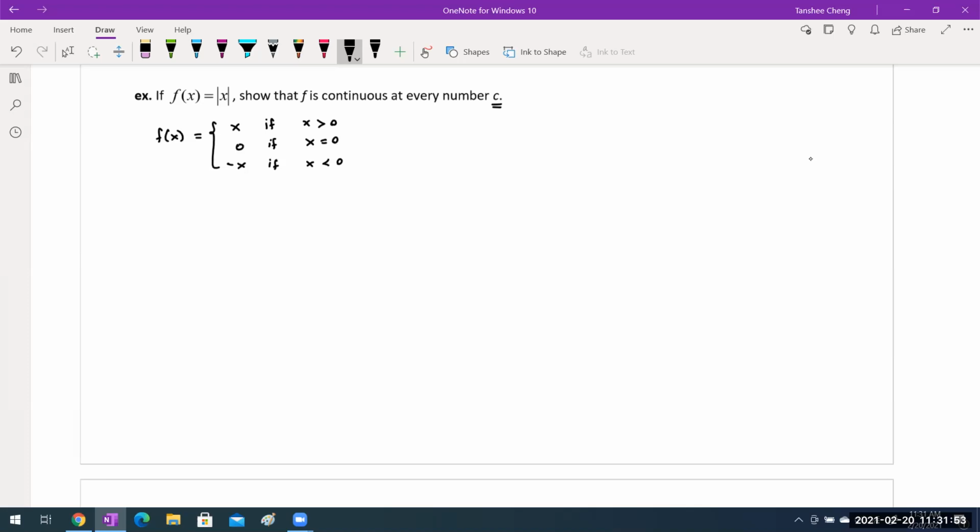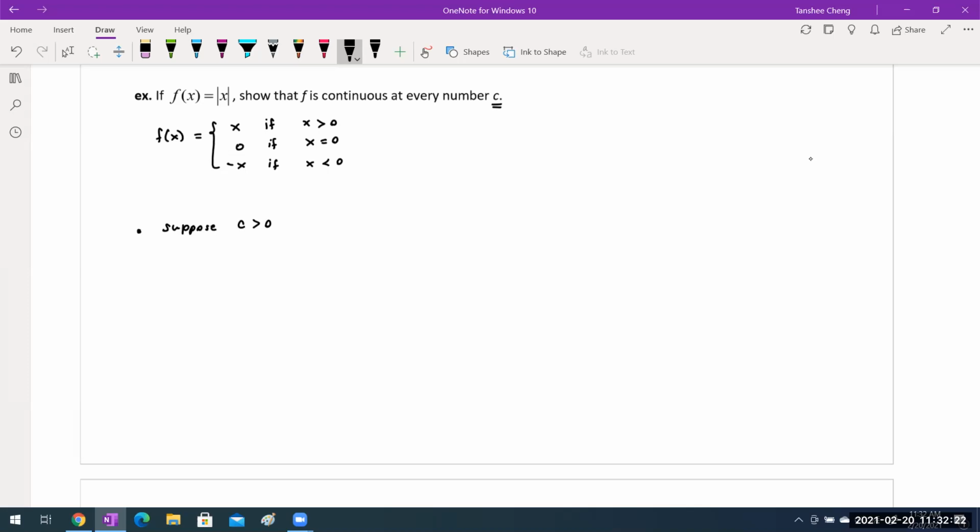So to show continuity at every number C, my C can be any real number: greater than 0, less than 0, or even 0. So we're going to have to show 3 cases. The first case: suppose C is greater than 0.